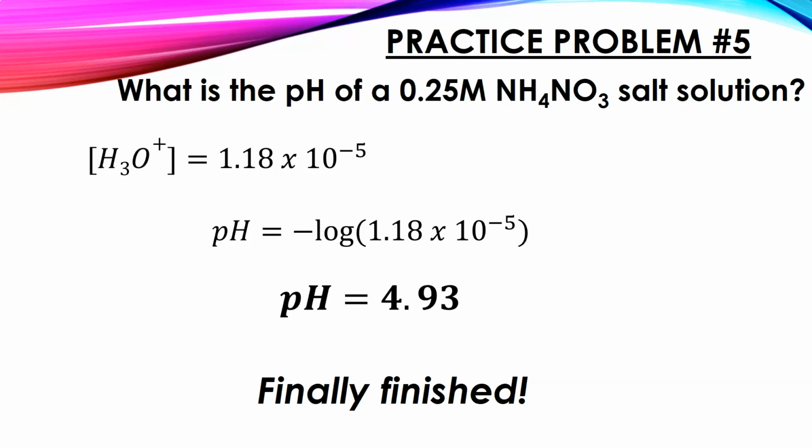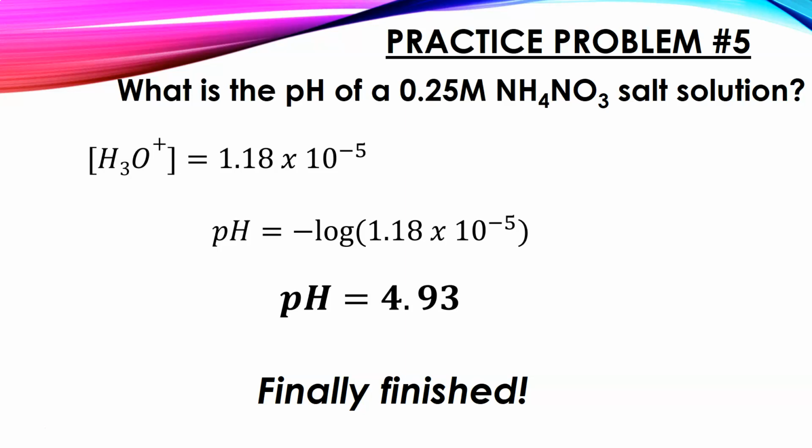Now, just to compare, if you were to take the negative log of 0.25, you should see that you get a pH of 0.60. You get a really, really low pH. Well, that doesn't match, does it? Because not all of that is going to turn into acid. That's why we had to do the ICE table.